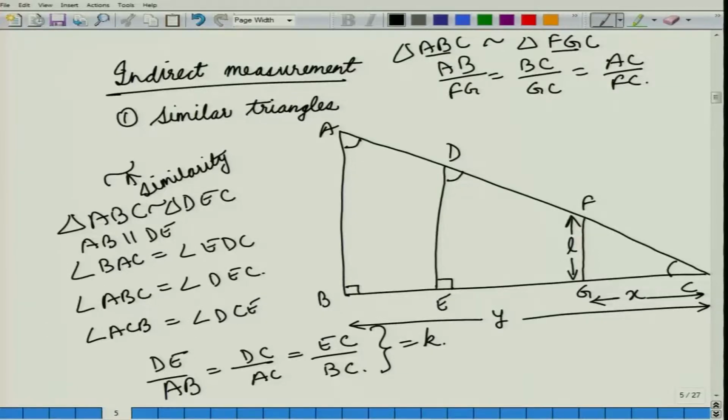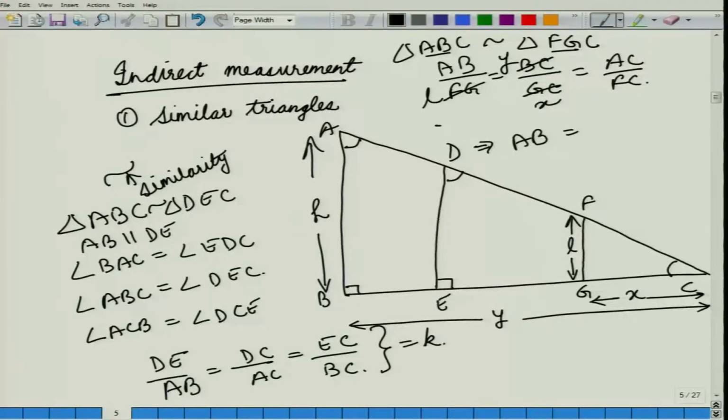So, when we use this relation, here we have FG is equal to L, GC is equal to X, BC is equal to Y. So, we can have AB, and now here AB is the height of the tree.